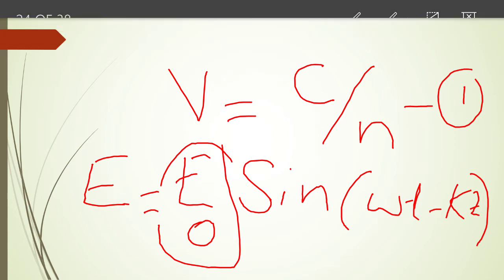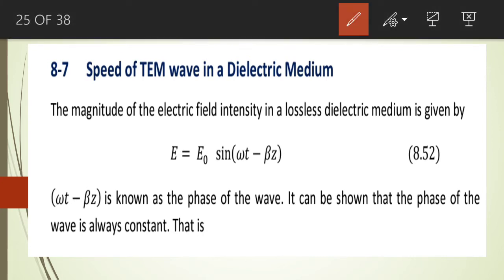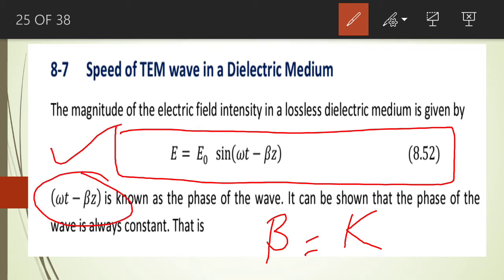So let us consider this equation, equation number 8.52, once again. We consider the magnitude of the electric field intensity in a lossless dielectric medium. Beta in this particular case will be replaced by k. So this omega t minus kz is known as the phase of the wave, and we can show that the phase of the wave is always equal to a constant quantity.